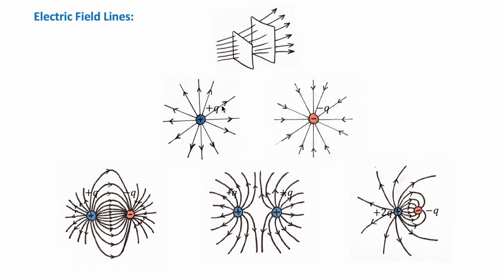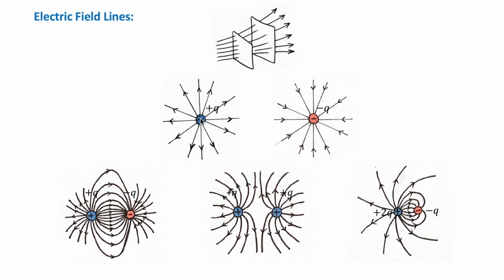Because the positive test charge is repelled by this charge, and the positive test charge will be attracted to this charge, so the electric field vector is directed towards that charge. And so in both cases, the lines are radial and they extend to infinity.